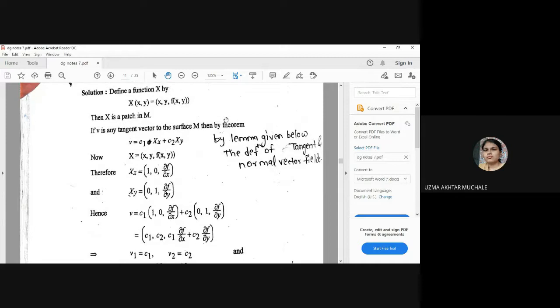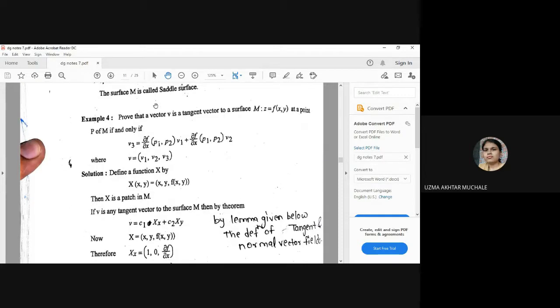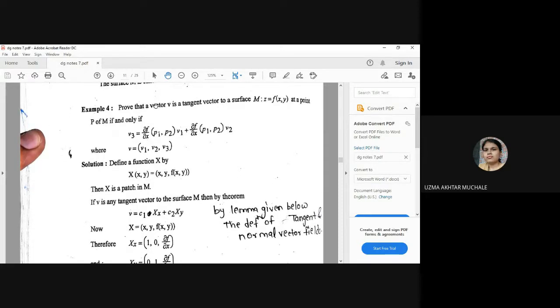Right. So let us define a function x of x, y, that is, x be a mapping from D to E3, and let us define this function. But we are provided with a surface z is equal to f of x, y. So hence instead of z we have written f of x, y.